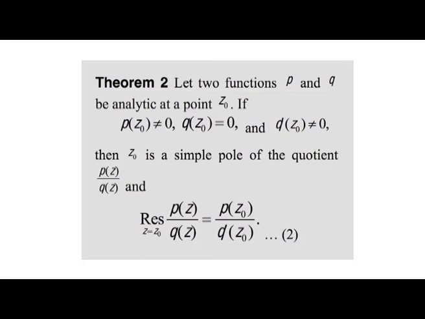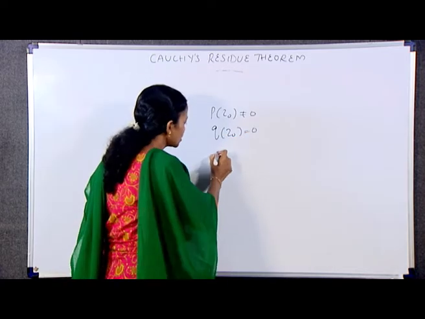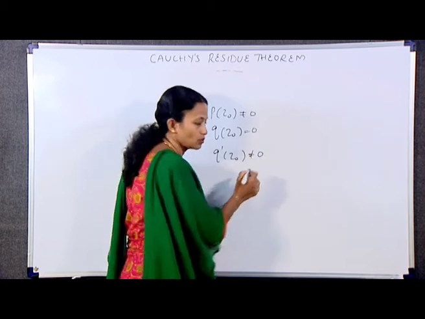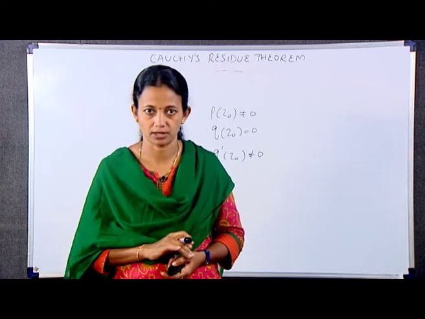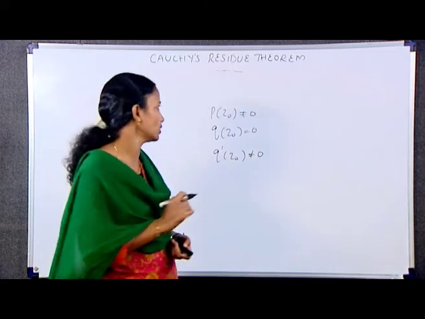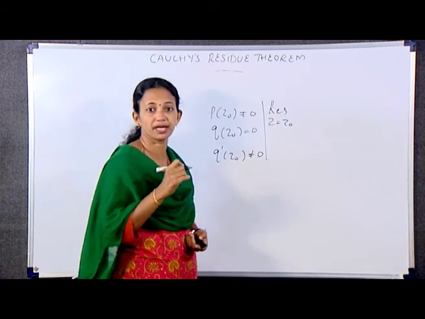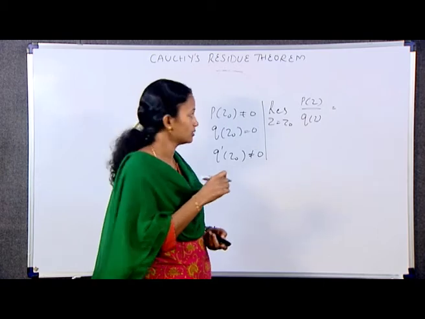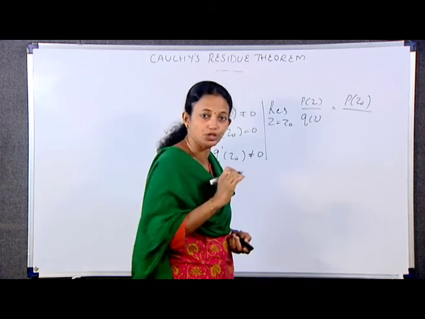If p of z0 is not equal to 0, q of z0 is equal to 0, and q dash of z0 is not equal to 0, then z0 is a simple pole of the quotient p of z by q of z, and the residue at z is equal to z0 is p of z0 by q dash of z0.